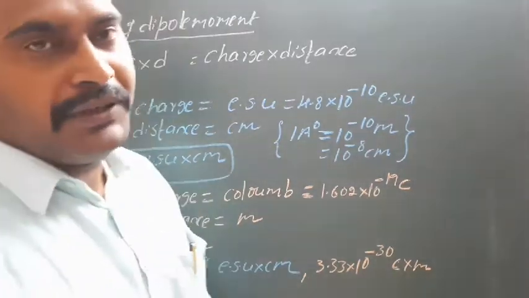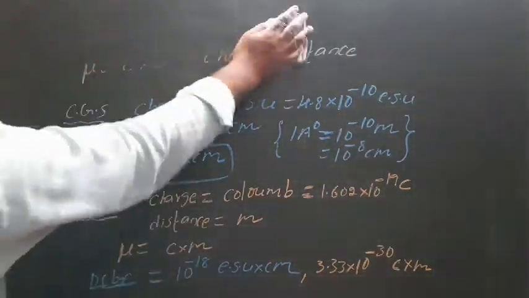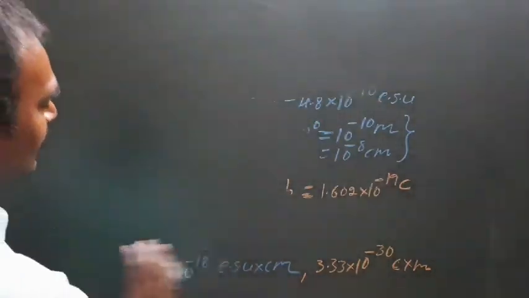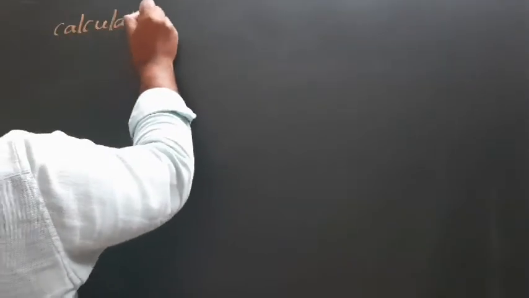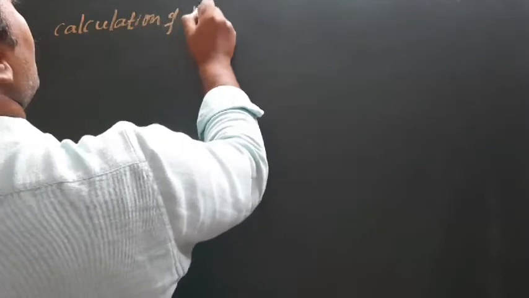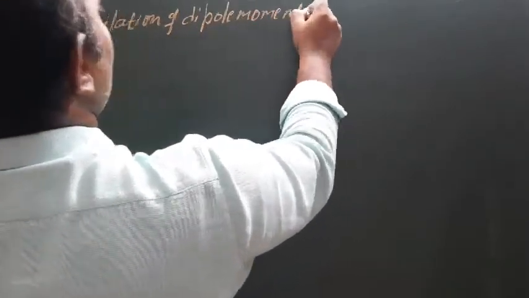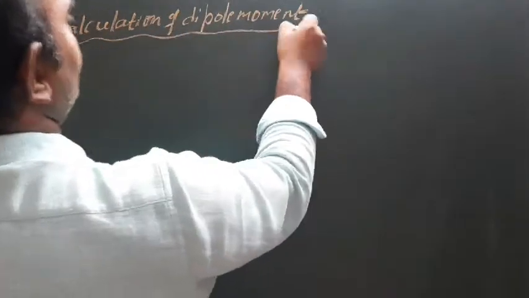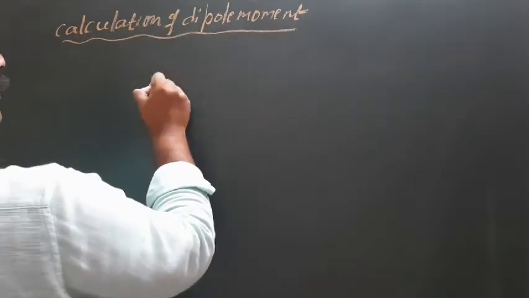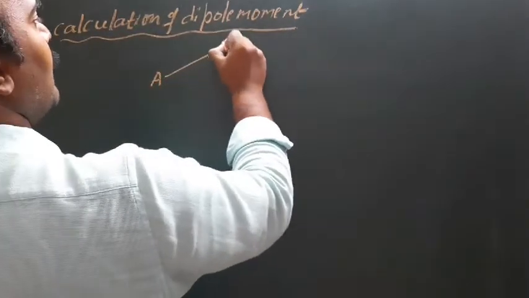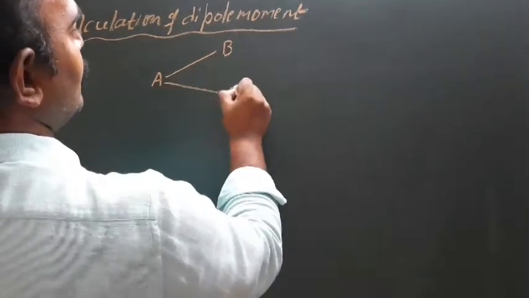Now we are going to discuss the calculation of the dipole moment when two bonds have some angle between them. Now see here, A is the central atom and B are the surrounding atoms.